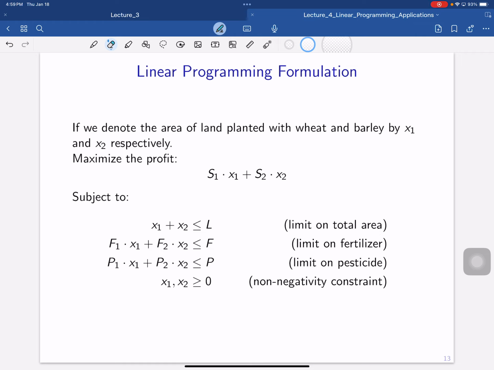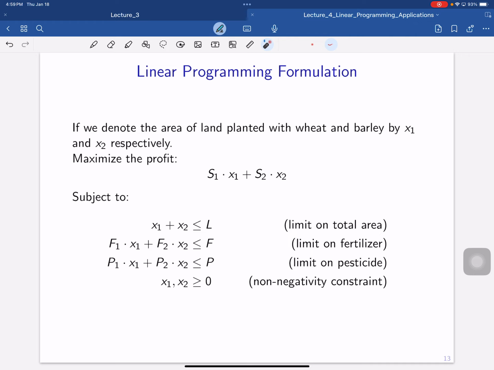The objective is to maximize the total profit from those two different products. And you have three types of constraints because you have three resources that are constraining the farmer: the total area, the fertilizer, and the pesticide, right? That's just a toy problem of the production planning problem, okay?